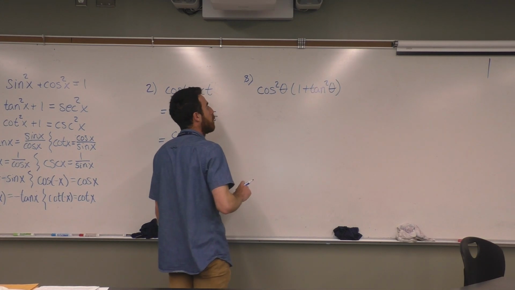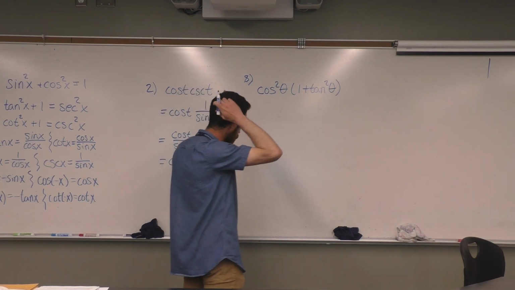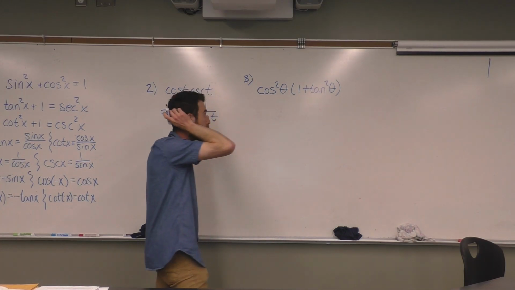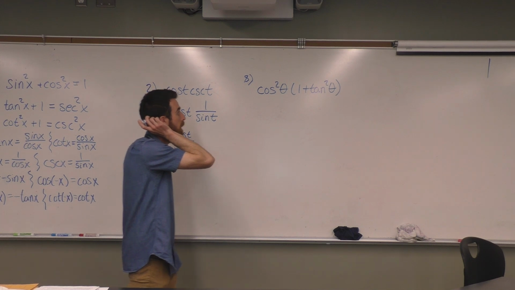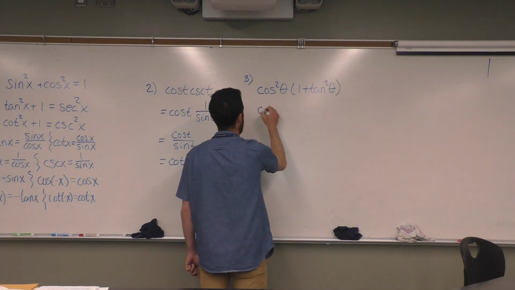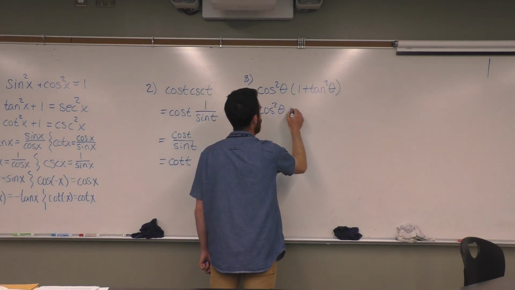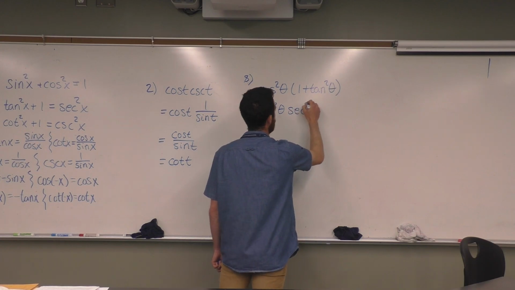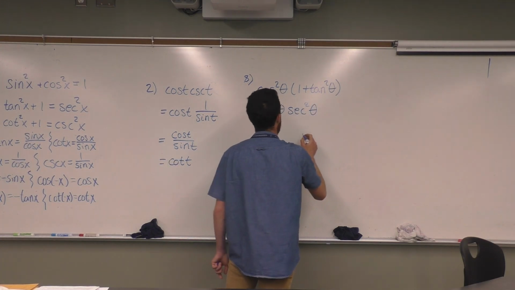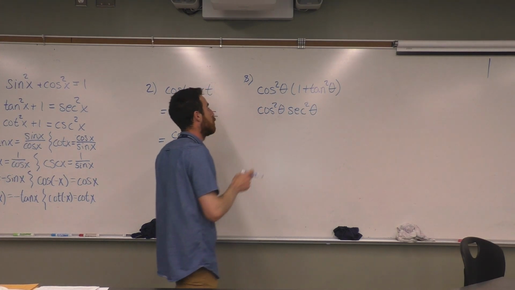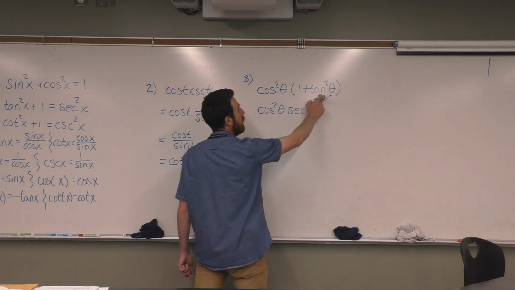You'll get more familiar with that. That should be pretty recognizable. Sometimes it comes up in the middle of your simplification, but if it starts there, I'm immediately identifying that as secant squared. Cosine squared of theta with a substitution times secant squared of theta. That's over there on the left. And I would want to make that substitution before I think about tangent in terms of sine and cosine.